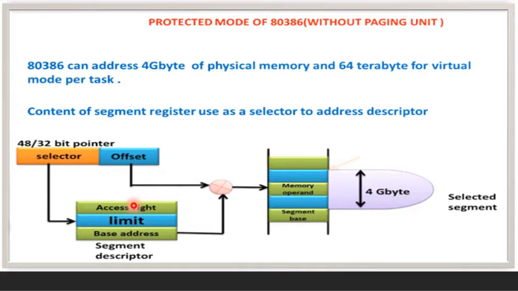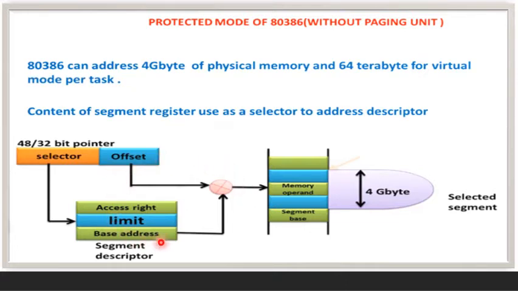The effective or offset address is added to the segment base address to determine the linear address. When the paging unit is disabled, the linear address is used as the physical address. If the paging unit is enabled, the paging unit converts the linear address into a physical address.